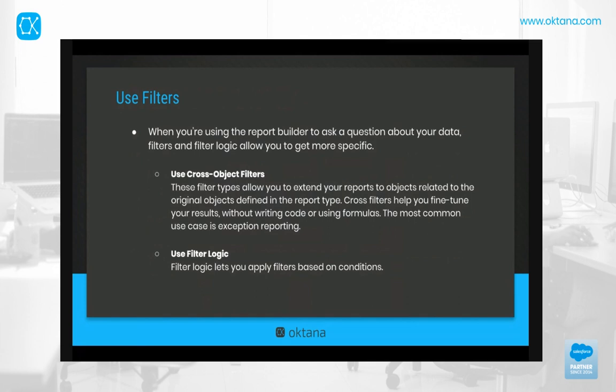Cross-object filters are a way to extend your reports to objects related to the original object defined in the report type. This is a way to fine-tune the results without writing code or using formulas. The most common way to use these cross-object filters is by managing exceptions, which we will see later.